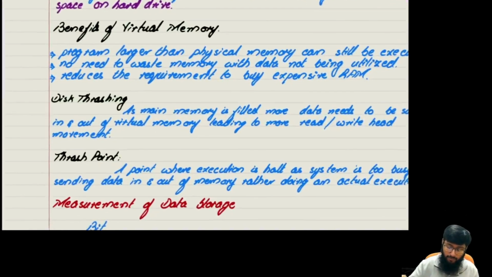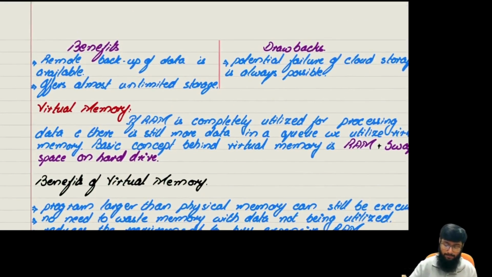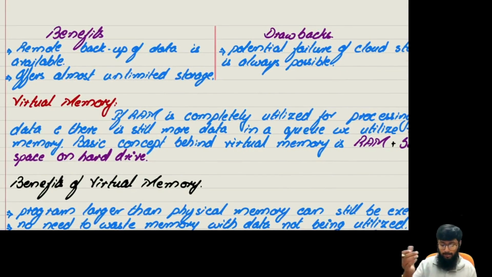Now there are a few more benefits and drawbacks. It says remote backup of the data is available and it offers almost unlimited storage. This point is according to the book, but it's not actually unlimited storage. With iCloud, I think they provide you 5 GB, and Google Drive approximately provides 15 GB.